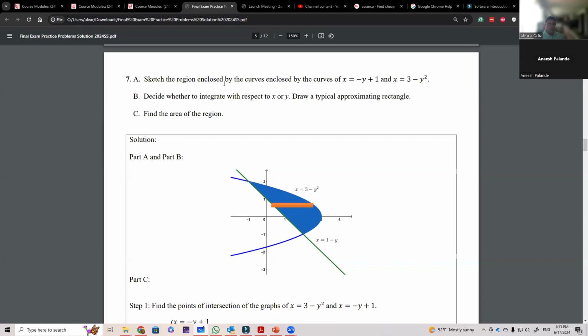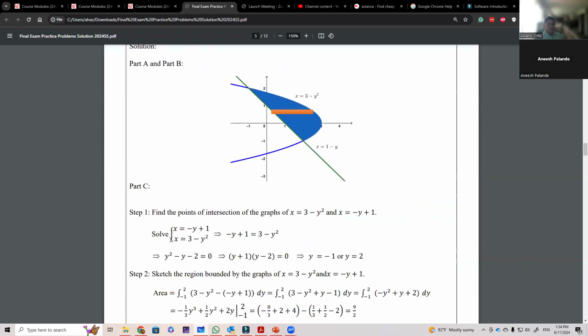And notice that whether we integrate with respect to x or y is going to determine how hard things are. So if we integrate in terms of y, which is probably the easiest, we have to flip our head a little bit and see that this is the function on top and that the line is the function on the bottom.